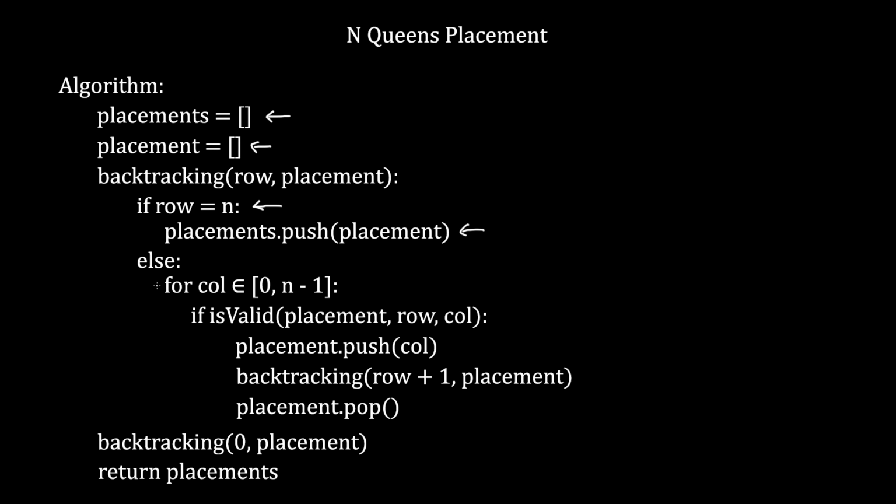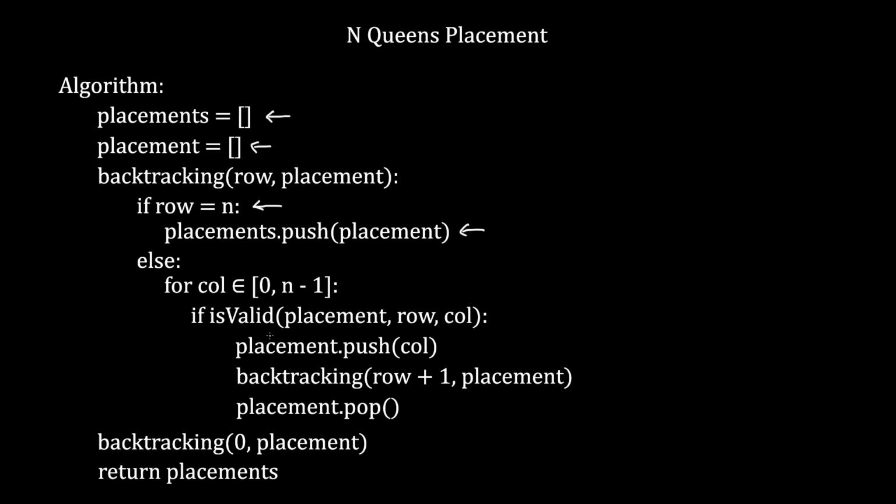Else, what I have to do is make a decision, right? And that decision means what is going to be the column of the queen that will be placed on the row. So this column obviously could be anything between 0 and n-1, and I have to try each and every value. Then I'm going to check if this cell, this column where I want to place the queen on the row, is valid.